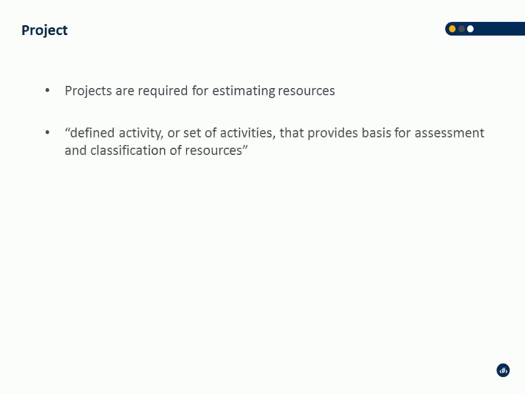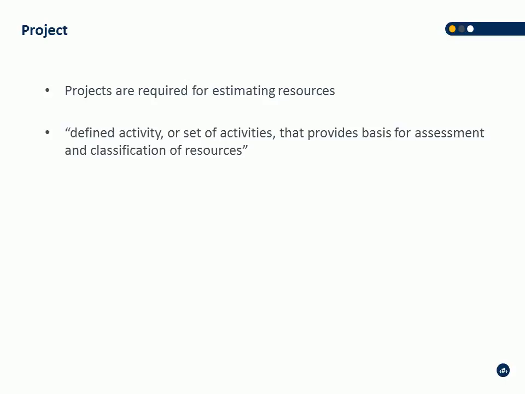Project is a pretty important term in both COGEH and PRMS. They're required for estimating resources. A project is really a level that you aggregate to in an evaluation. It could be as simple as drilling a well, or it could be as complex as a full development. The project really defines the ring fence that you're building your evaluation around.